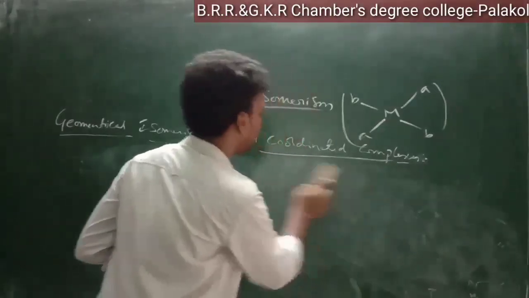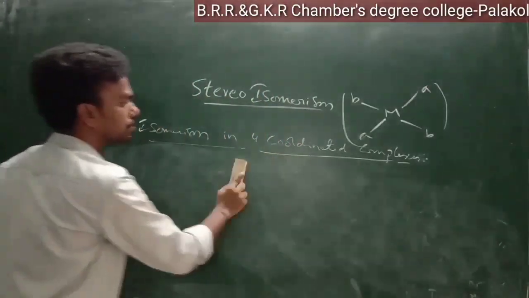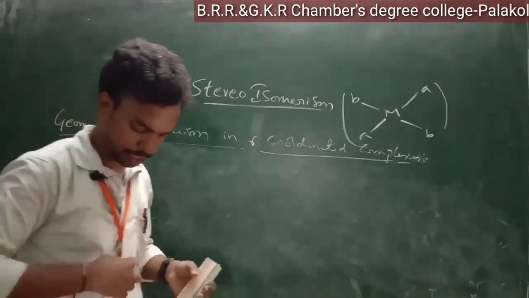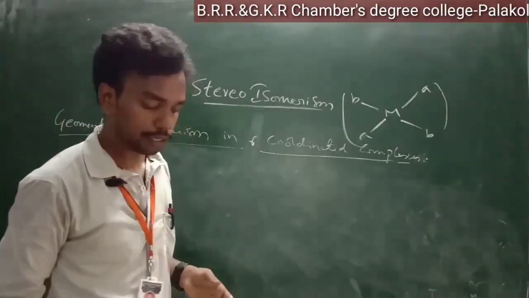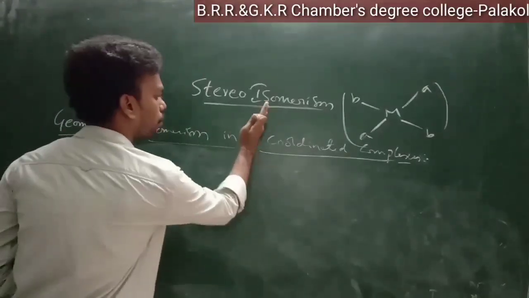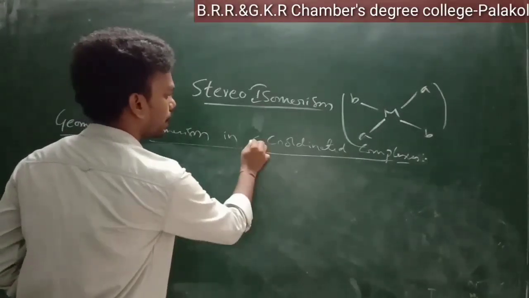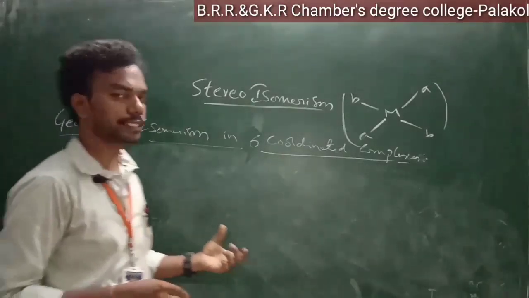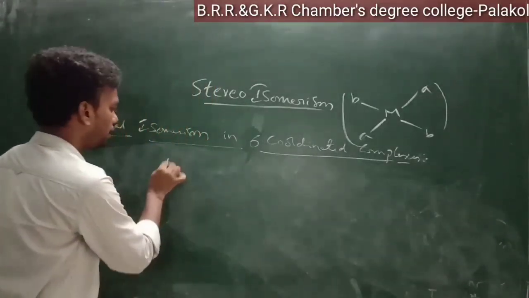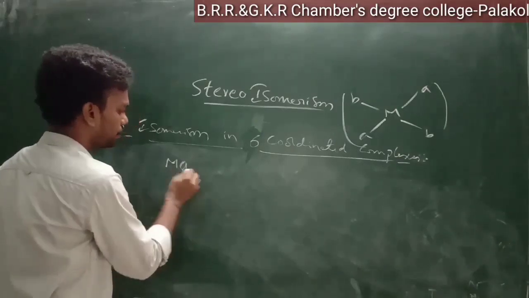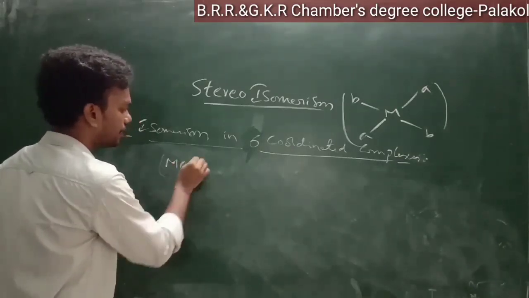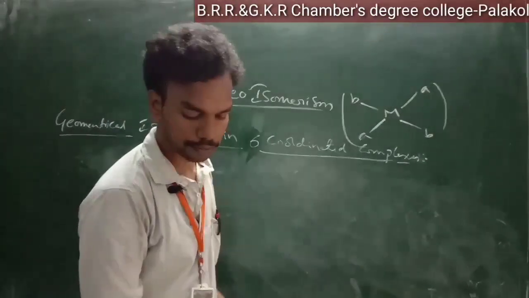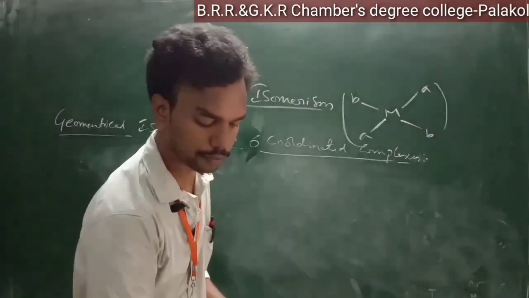And next, geometrical isomerism in 6 coordinated complexes. 6 coordinate complexes means octahedral complexes. Octahedral complexes of the type MA6, where all 6 ligands are the same.